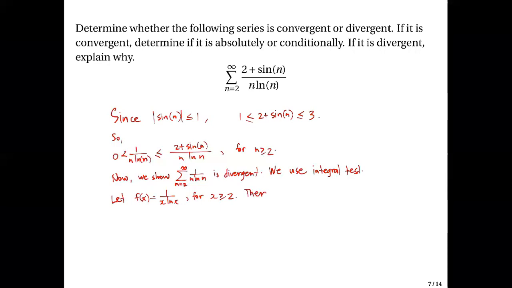Then f is decreasing since as x increases, x ln of x also increases, and so 1 over x ln of x decreases.